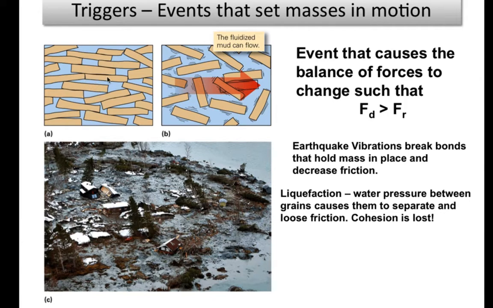But as I shake these apart and make them spread apart, note that I lose that cohesion, right? And the material essentially liquefies, and that's a process called liquefaction, where water pressure between grains causes them to separate and they lose friction. You lose that cohesion and the material just slumps.